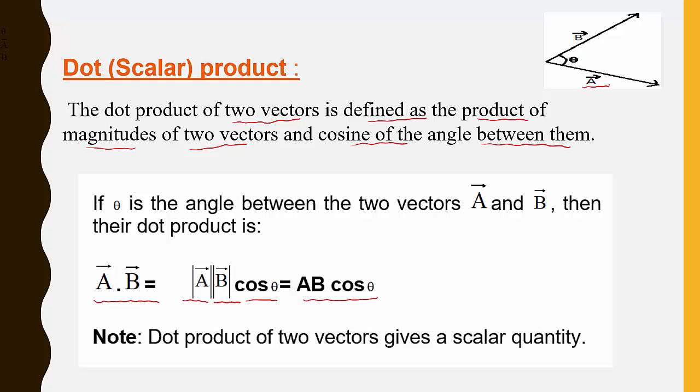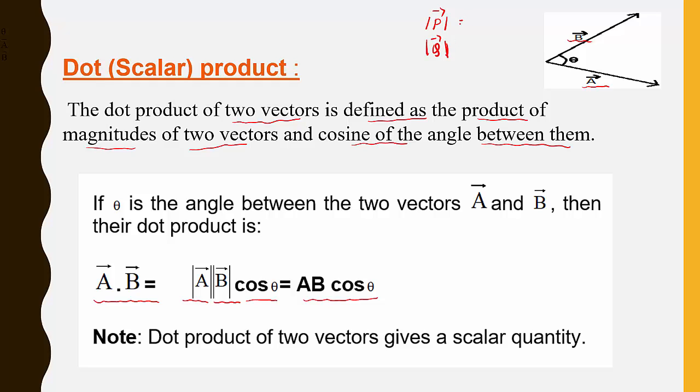The first vector is A and the second vector is B. The dot product of two vectors is the product of the magnitudes of the two vectors. Here we have to consider the magnitudes of the two vectors. Magnitude means it's only quantity, not direction. When we are talking about only magnitude, we always have to use mod P or mod Q, so that mod gives only its magnitude.